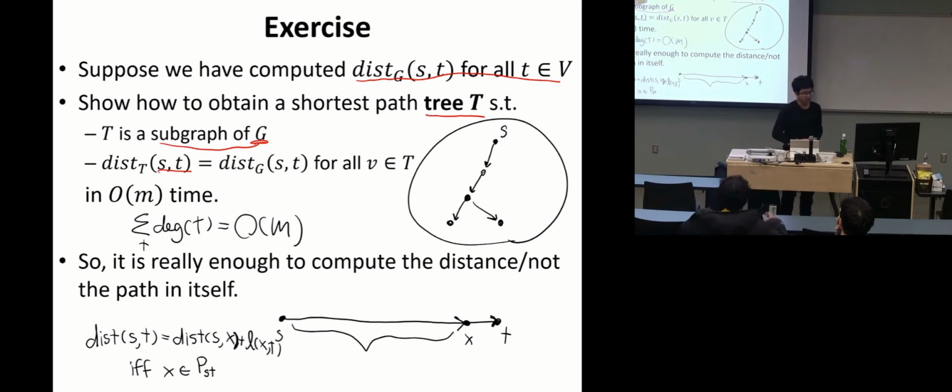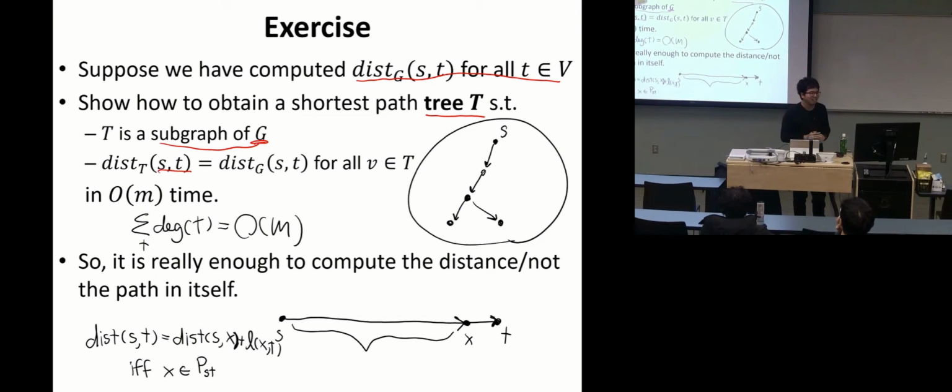So it's actually not clear how to compute shortest path in just linear time. Even Dijkstra's algorithm takes something like m plus n log n, and if there is a negative weight edge in the graph, it's not clear at all how to do something in linear time. You can do it in linear time if the graph is unweighted, then you can do breadth first search.